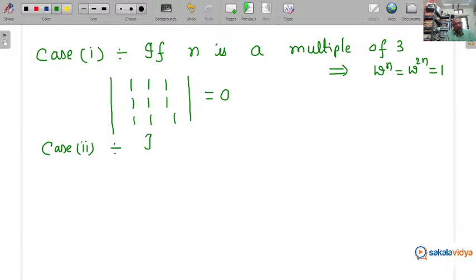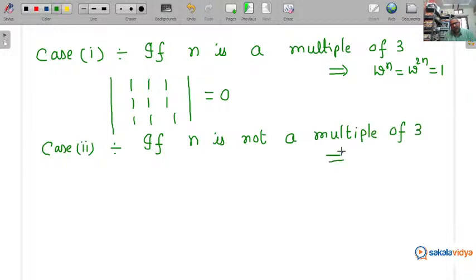So if n is not a multiple of 3, that implies 1 plus omega to the power of n plus omega to the power of 2n is 0. So consider the determinant.